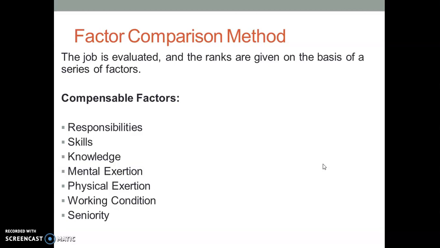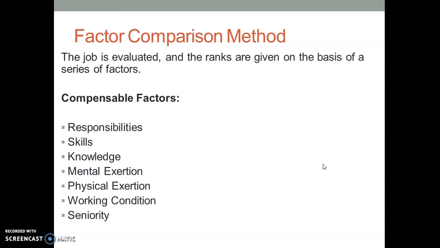Another dimension is physical exertion. A few of the jobs within the organization involve physical effort, where lots of hard work is required to produce any kind of outcome under the job profile. So physical exertion is one of the factors under compensable factors. Now, checking both dimensions, we can identify that there might be differences in their worth with respect to different job profiles available in the organization.